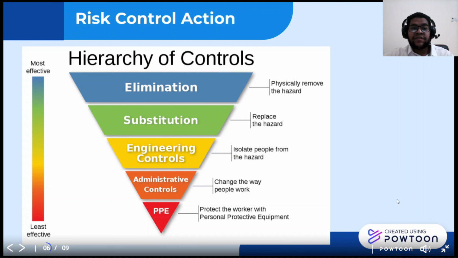Then comes after it substitution, which replaces the hazard, and after it engineering controls to isolate people from the hazard. Let's say if there is a chemical, a toxic gas, you can isolate people from the area as far as possible, so no one will get affected. And then comes the administrative controls. For our case and our hazard, which we identified, the administrative controls are taken.